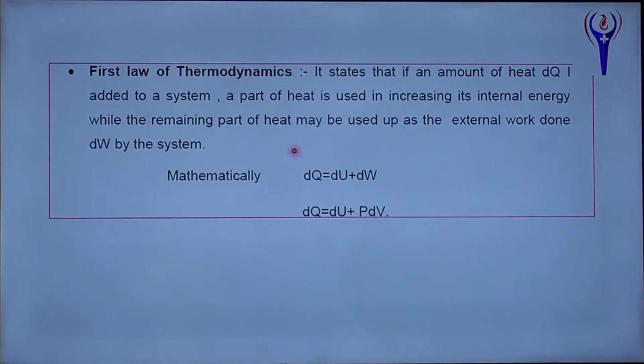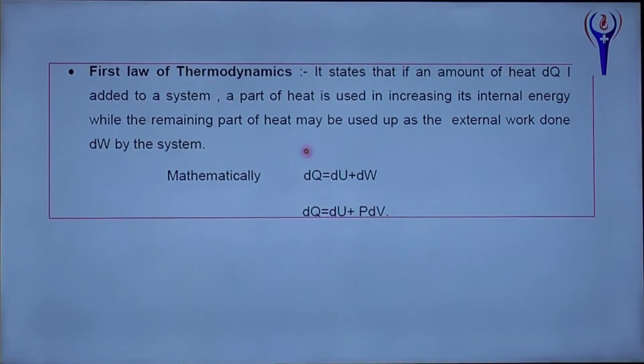That is, some amount of heat energy is used to increase the internal energy, which means the temperature may increase, and the remaining part is used for external work. That is the first law of thermodynamics.